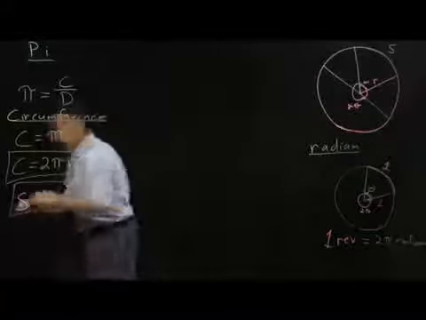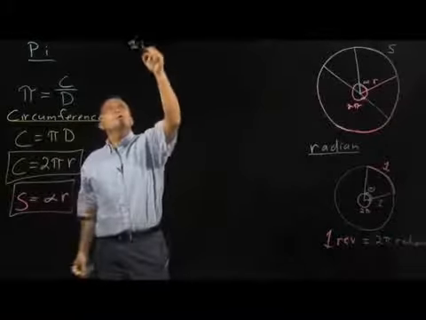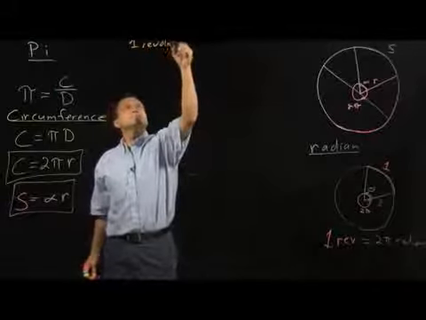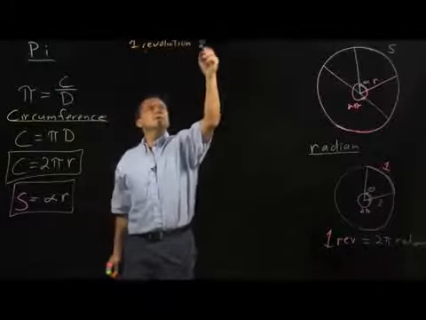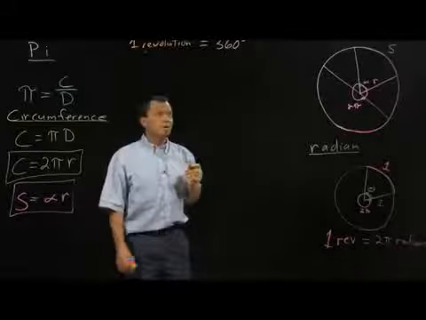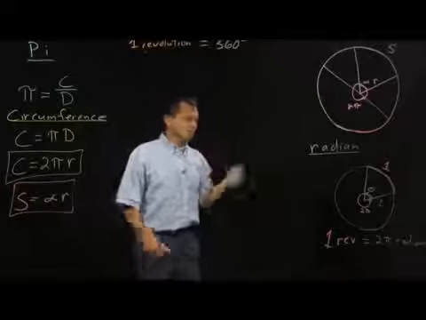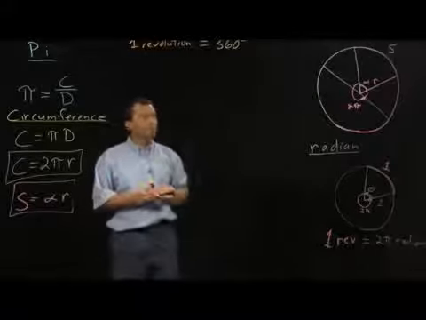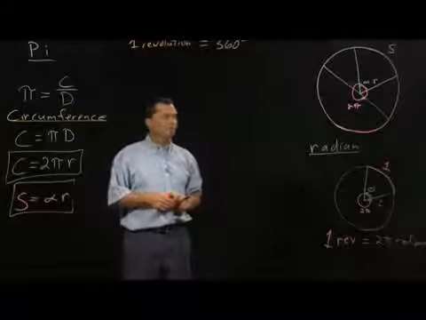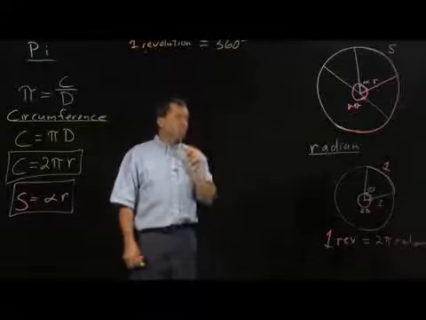So our next units, 1 revolution is the same as 360 degrees. Now 360 is a nice number because it divides nicely. It's divisible by 2, 3, 4, 5, 6, not 7, divisible by 8, 9, and 10. So it's nice to divide everything up.